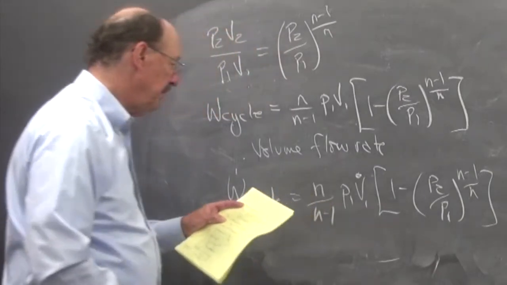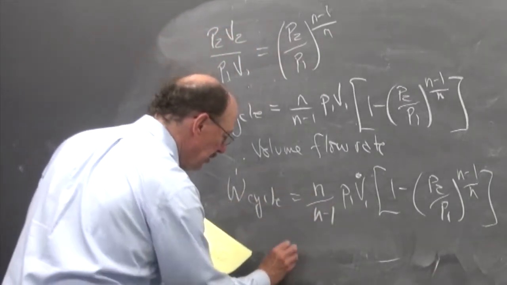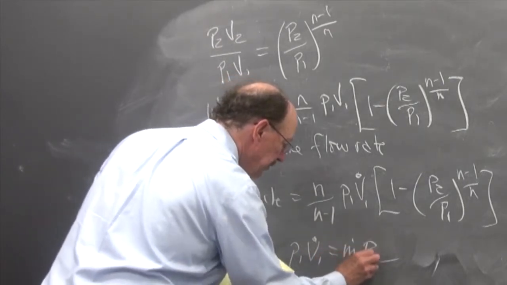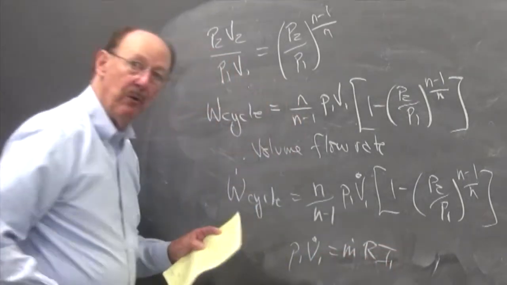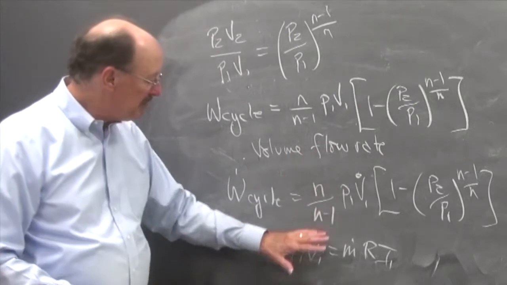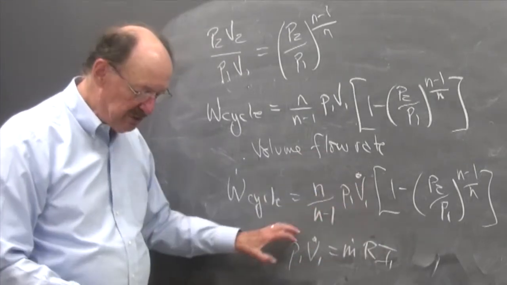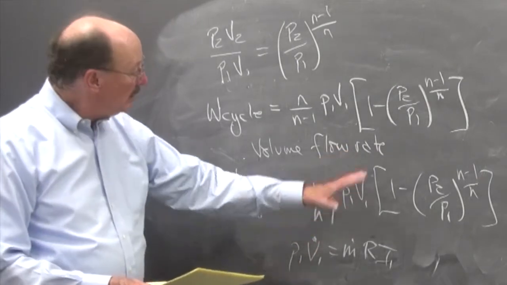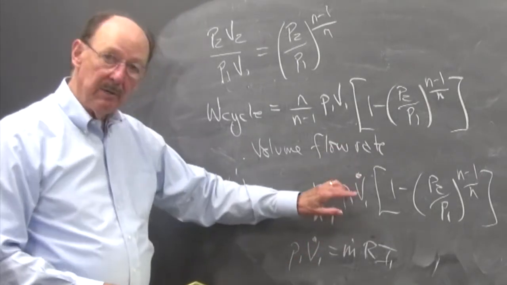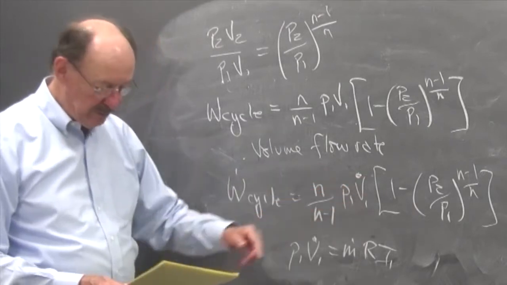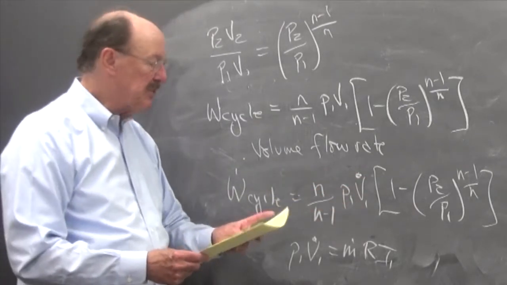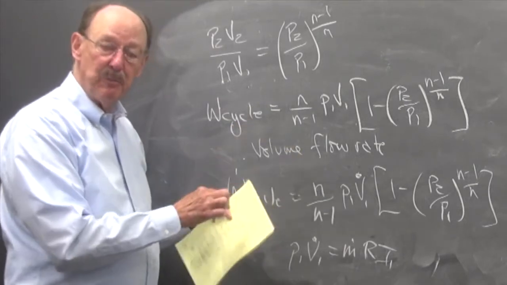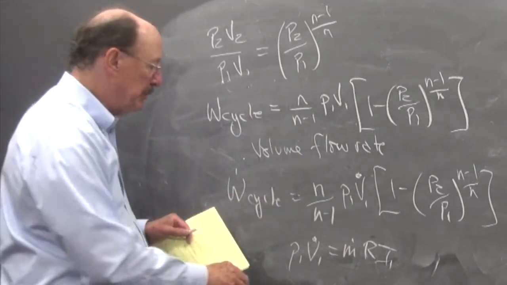From the ideal gas law, P1 V1 dot is equal to m dot R T1. So as we did in chapter 6, I can use the mass flow rate or the volume flow rate. As I indicated before, compressors depend on this volume flow rate, so we're going to look at that in a little while. This is for the polytropic case, for which we could use n equal k for reversible adiabatic.